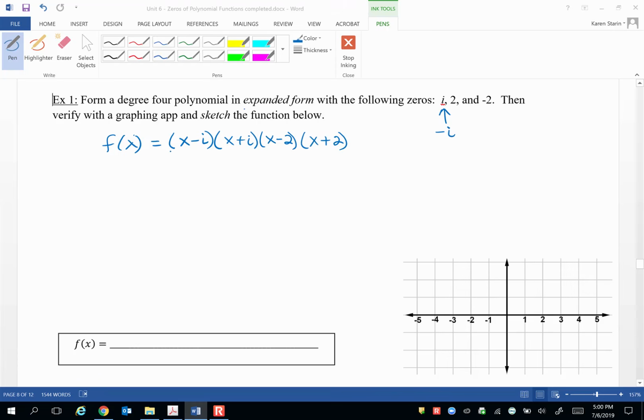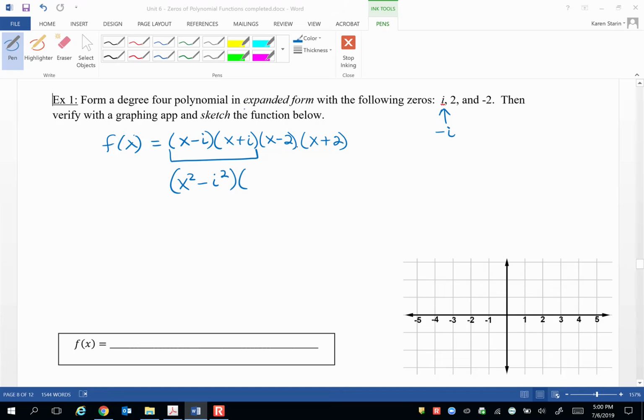Now we have a lot of multiplying to go and do. I'll do the conjugate pair product first. So x squared plus ix and minus ix, the inner and the outer products will cancel each other, and then I'll have minus i squared.